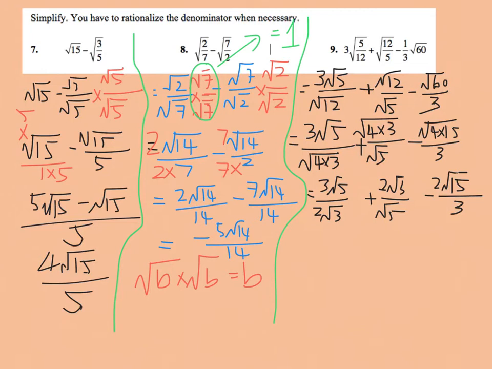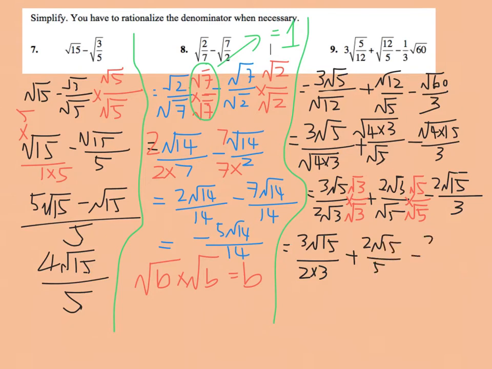And to rationalize the first term, I have to multiply the numerator and denominator by root 3. And to rationalize the second term, I have to multiply the numerator and denominator by root 5. And I end up with 3 root 15 over 2 times 3 plus 2 root 15 over 5 minus 2 root 15 over 3.